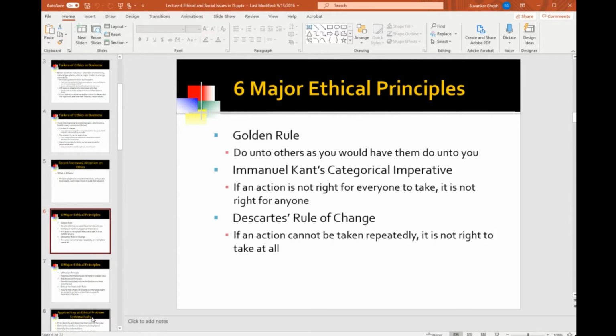Descartes' rule of change is focused on you yourself, who is taking the action. It asks: can you take this action again and again and again and get away with it? As the accident statistics have shown, when a person texts and drives, they get away with it the first time.